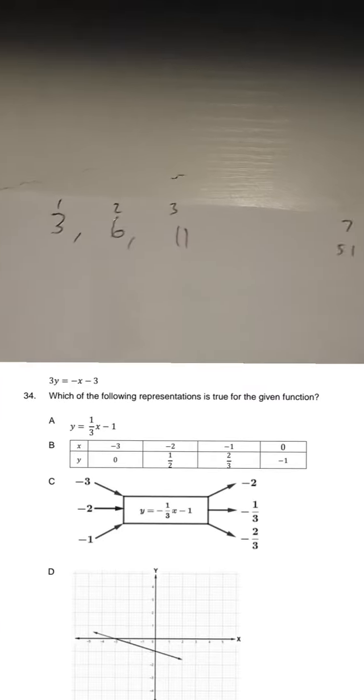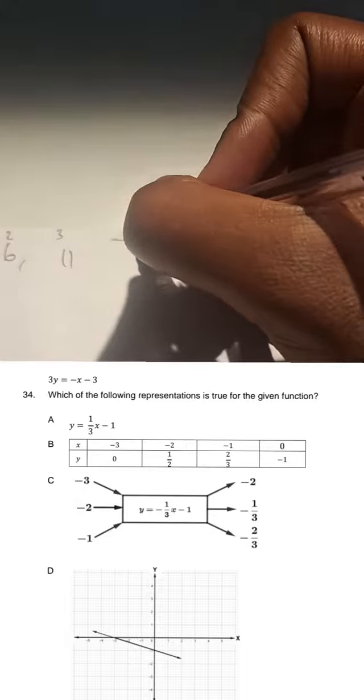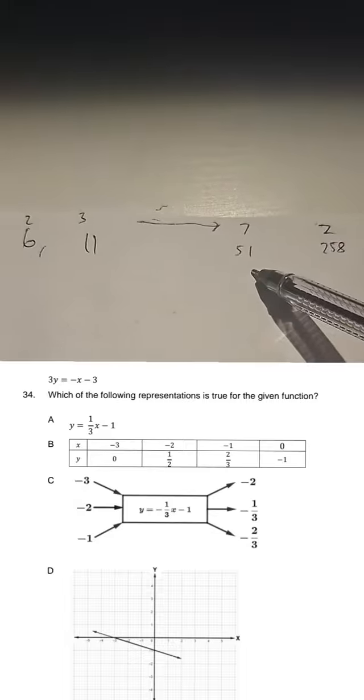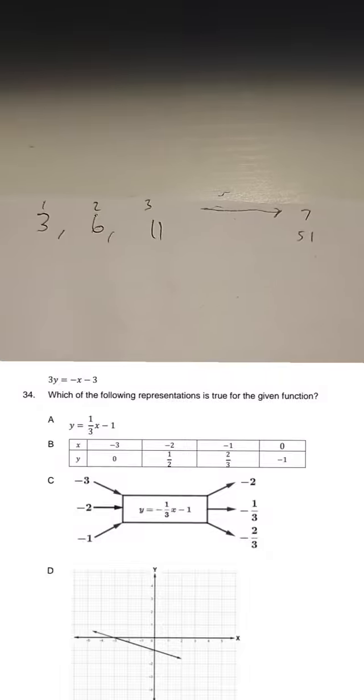Then your 7th value is 51 and your Z value is 258. Okay, so there we have it. First value is 3, second value is 6, third value is 11, but then your 7th value is 51. Your Z value is what you're looking for.